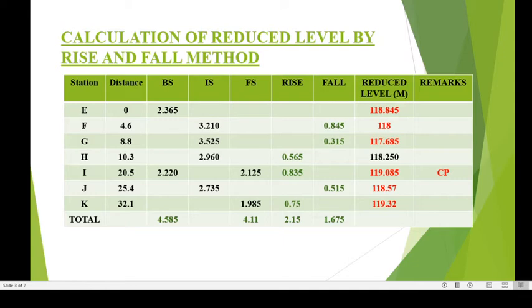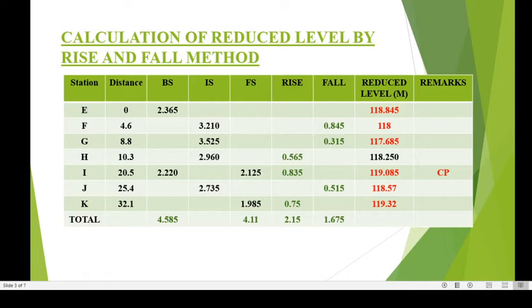Now if we add 0.835, that is a rise value, to the reduced level of station H, we will get the reduced level of station I, 119.085. For the reduced level of station J, we will subtract 0.515 from 119.085.